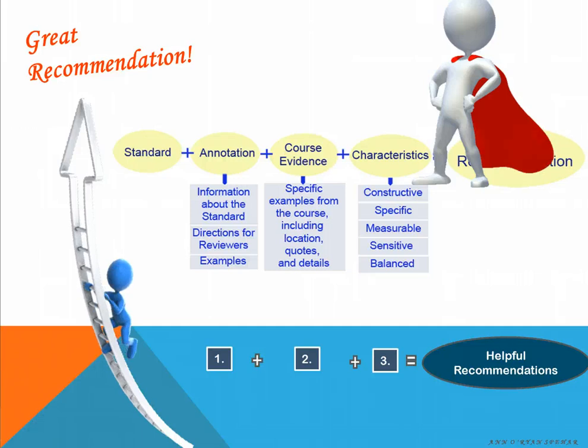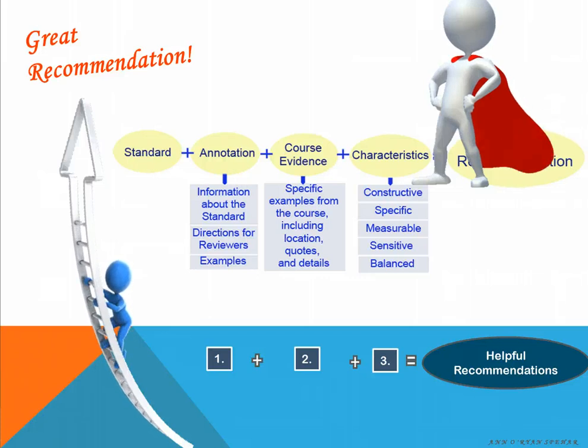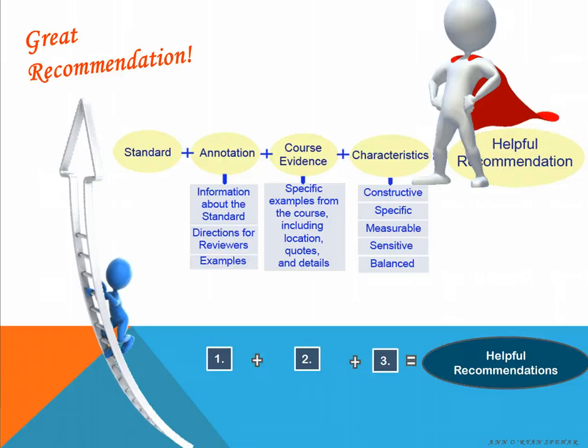We start with number 1, relying on the standard and the annotations associated with the standards. This provides us with valuable information about the standard and specific directions for the reviewers, as well as important examples. And then we rely heavily on course evidence, specific examples from the course, including location, quotes, details.